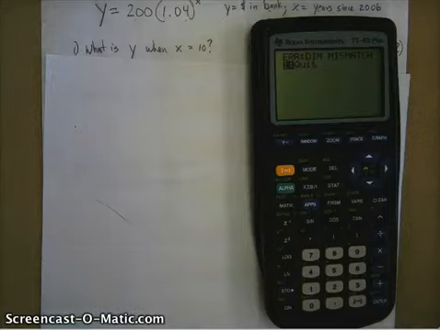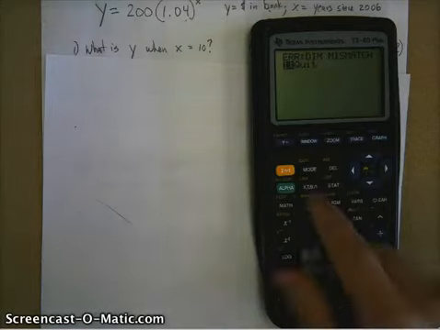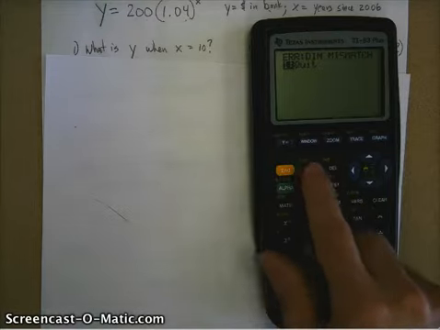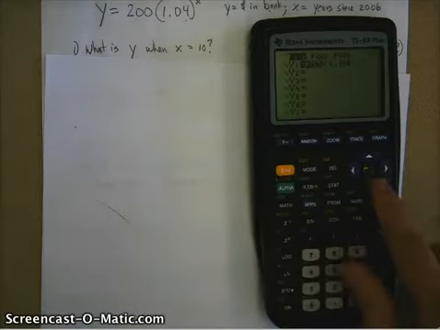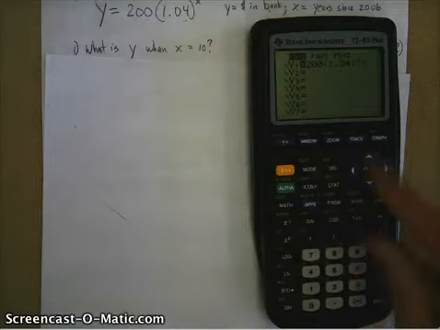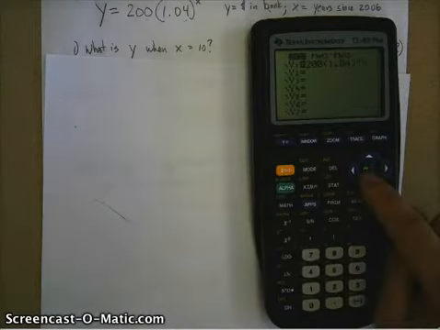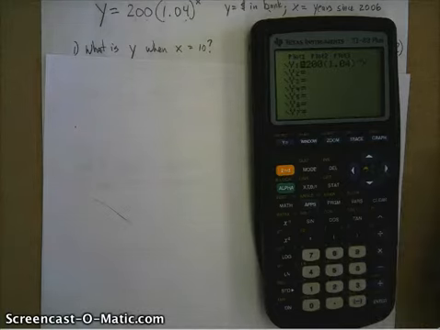That's saying there's something wrong, or you're going to get some sort of error. The easiest way is, instead of getting rid of the statistics, let's quit, go back in here and go up. So I'm flashing on that plot 1. I'm going to enter. And what I'm doing is changing it from highlighted to not highlighted. So now it's not going to try and graph whatever's in my statistics.